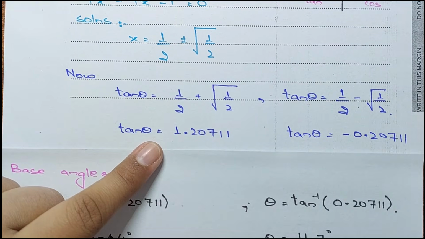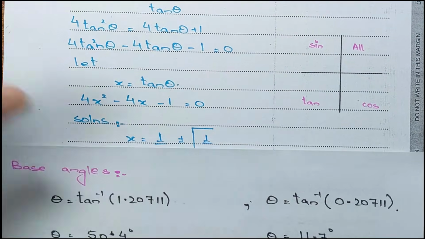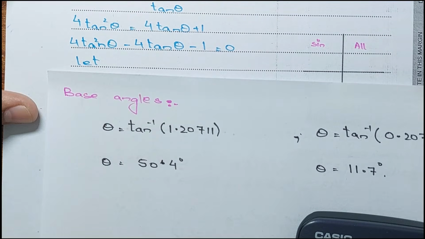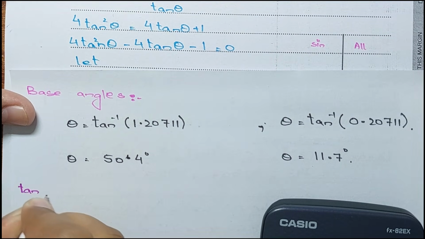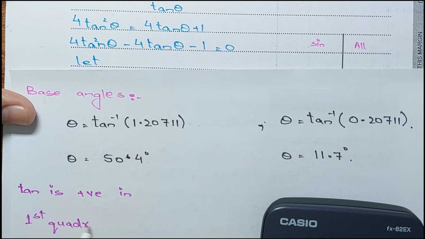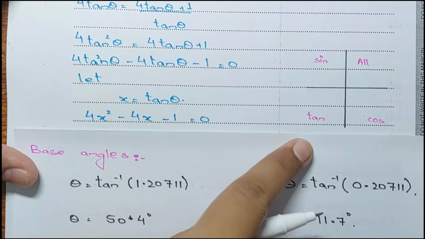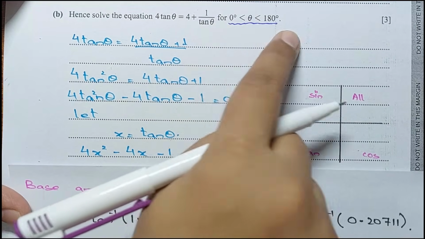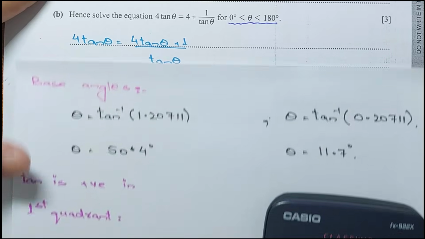Okay, now we can check the tangent. Here tangent is positive. Tangent is positive in the first quadrant and also in the third quadrant, but the third quadrant is not in the desired range of theta between 0 to 180, so we are not considering the third one.